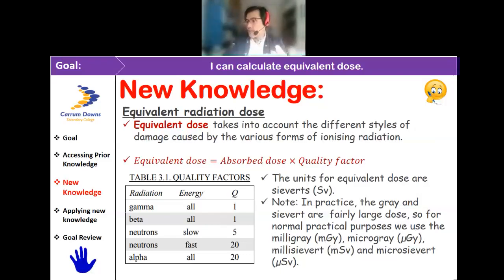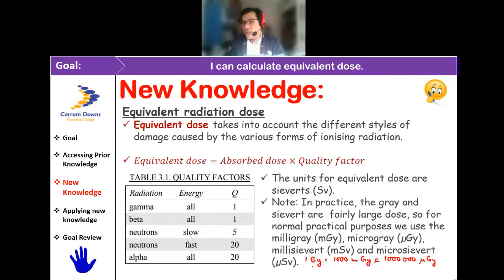For anyone who's interested, a milli, if you think about a millimeter, so 1 gray would contain 1,000 milligray, and that's also going to be 1 million microgray.